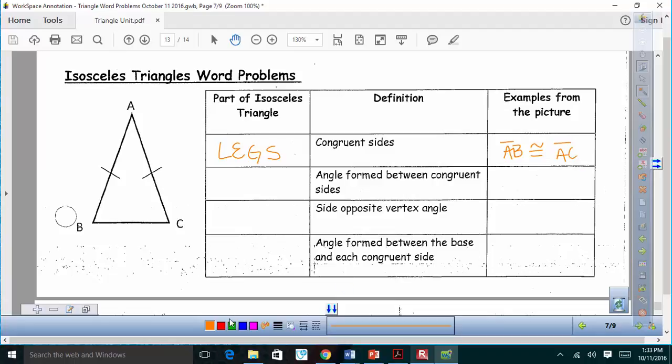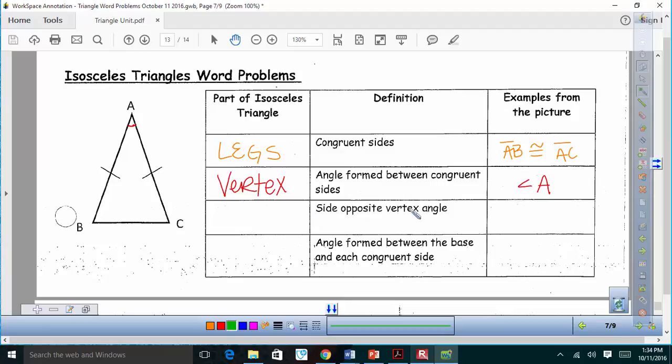Very good. Now, the angle formed between the congruent sides is going to be this angle right here because it's between this side and this side. This is called the vertex. Okay, and so the example would be angle A.